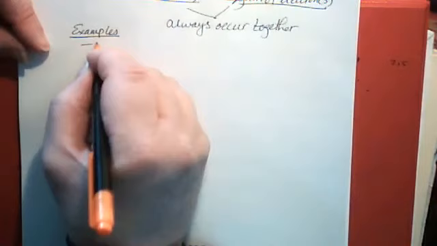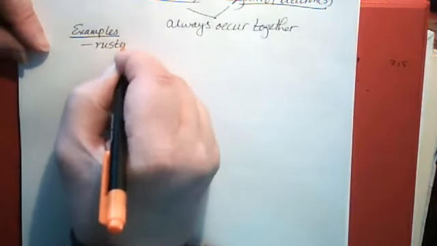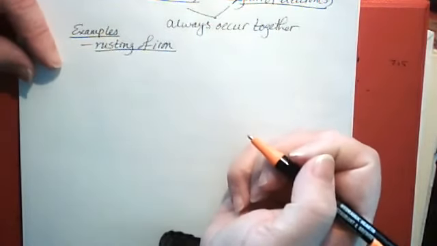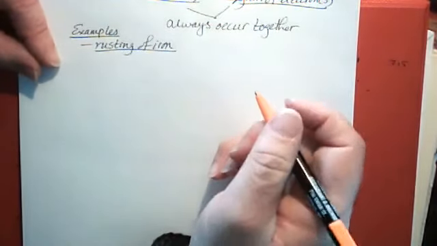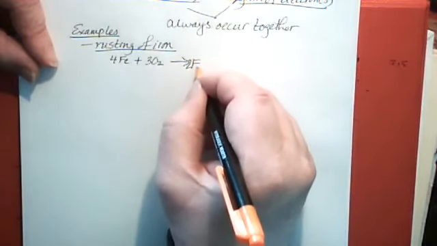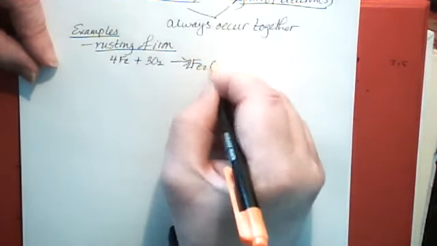Some examples of oxidation reduction reactions would be, for example, the rusting of iron, or corrosion or tarnishing of any kind would be oxidation reduction. That's where 4 iron atoms combine with 3 molecules of oxygen to form 2 Fe2O3 molecules.